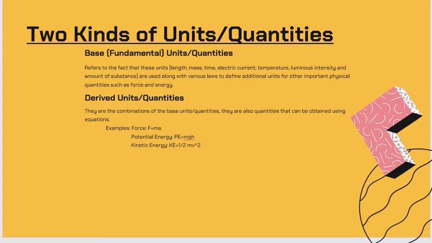So, we have the derived units or quantities. They are the combination of these base unit quantities. They are also the quantities that can be obtained using an equation. For example, we have the force. Yung force natin is equivalent to F equals ma. Ibig sabihin, the formula of force is equal to mass multiplied by the acceleration.